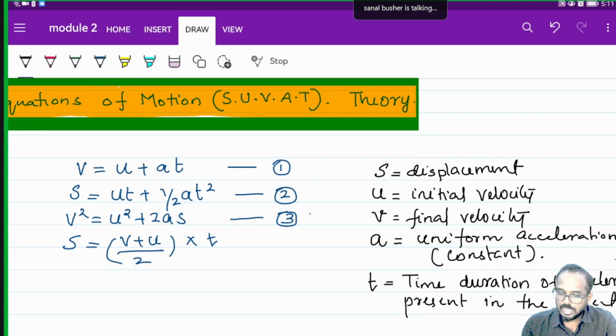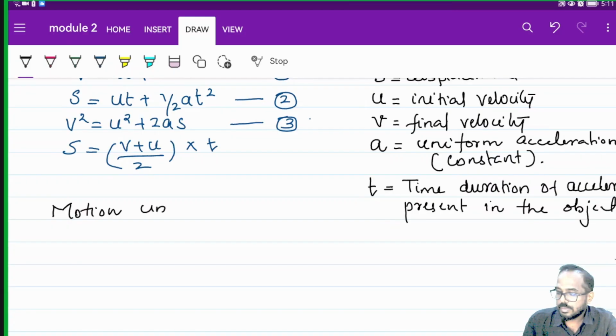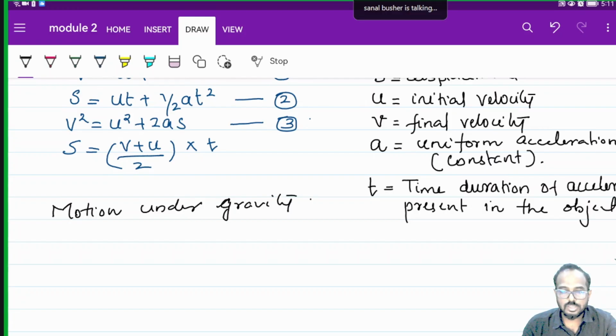And you can apply these equations to motion under gravity. Why can you apply them? If you are throwing a ball or a stone upward or dropping something from a height, the acceleration is constant. Near the surface of the Earth, the acceleration due to gravity is a constant value, 9.81 meters per second squared. That is a constant value, which means you can apply these equations.